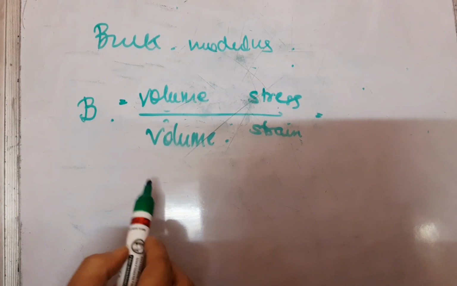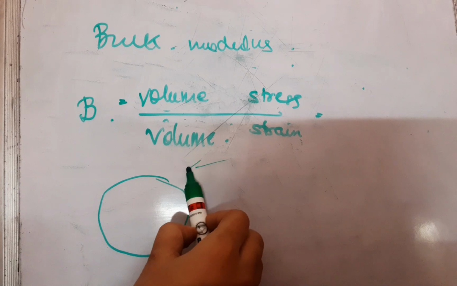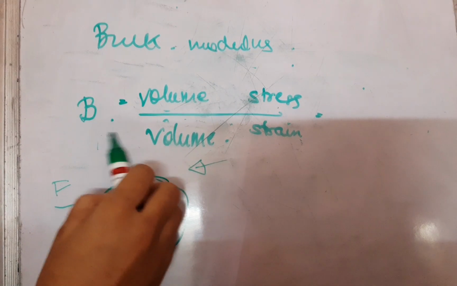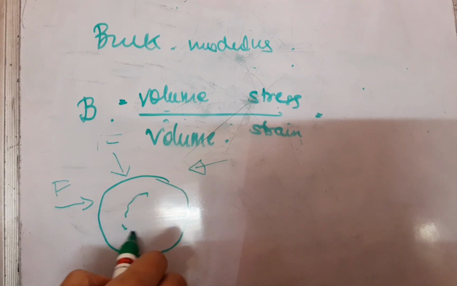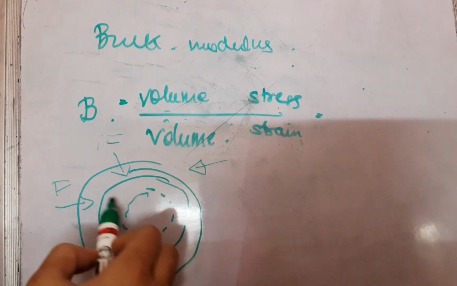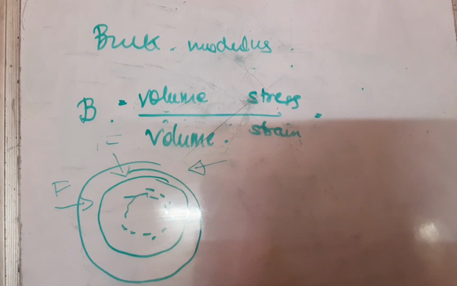Volume stress means what? Suppose this was your object. You applied some force on it. Like this force is applied. So what will happen? This object will get compressed. On this much area you applied this force. So this object gets compressed and its volume gets reduced.